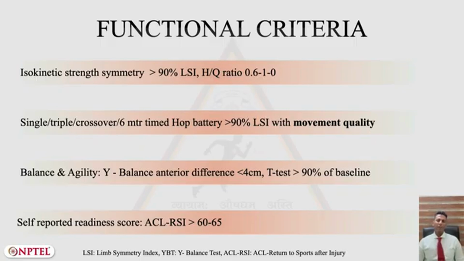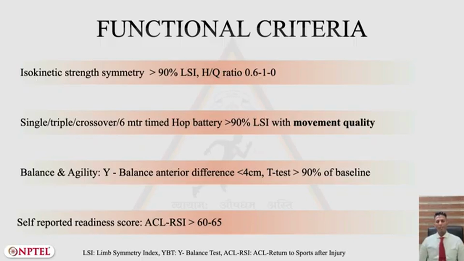Balance and agility are measured with tests like the Y-balance test and T-test, where cutoffs include an anterior reach difference of less than 4 cm on dynamic balance in the Y-balance test and agility performance at least 90% of baseline when we compare baseline values.